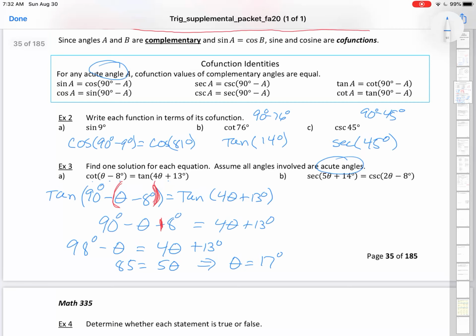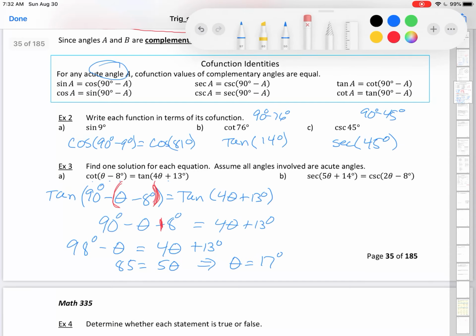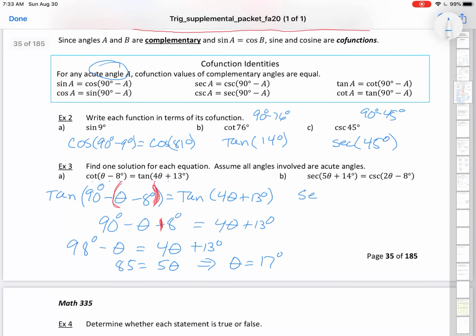In this case right here, on this other side, I'll model it by solving for the other one. So I'll leave the left-hand side alone. Secant, it wouldn't matter which one you change, by the way, is I guess what I want to stress. And this would be the secant. And just remember, be careful, 2 theta, and then minus a negative 8.